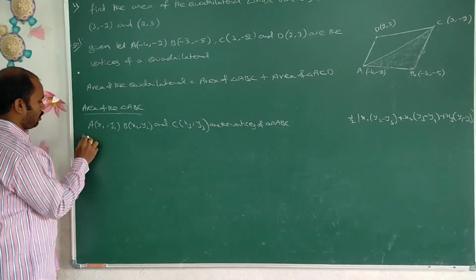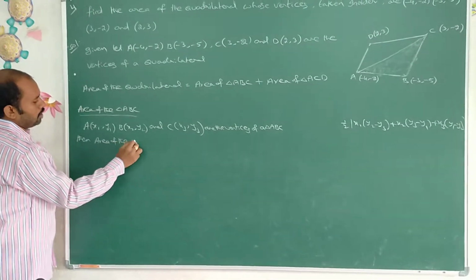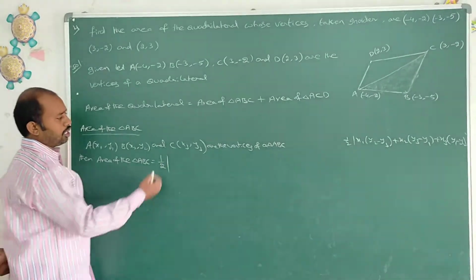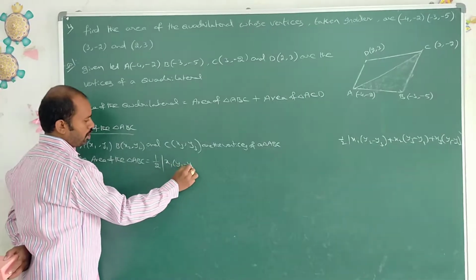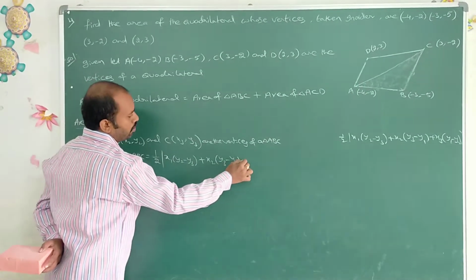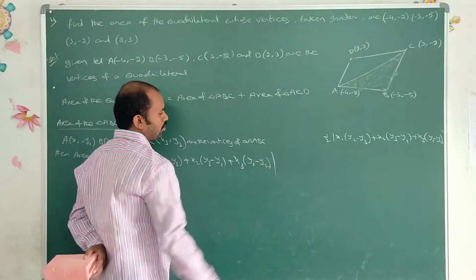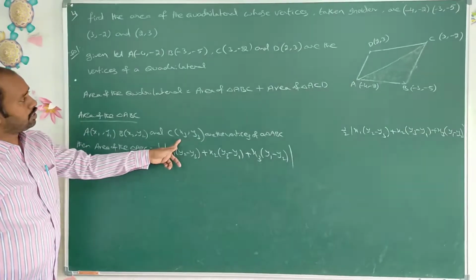Then the area of triangle ABC is equal to half into modulus of x1 into (y2 minus y3) plus x2 into (y3 minus y1) plus x3 into (y1 minus y2), modulus close. You can use this formula now. Here ABC, three vertices are there.